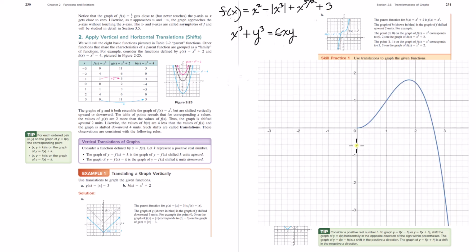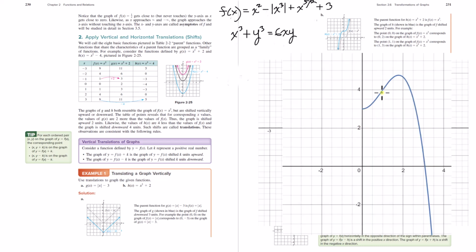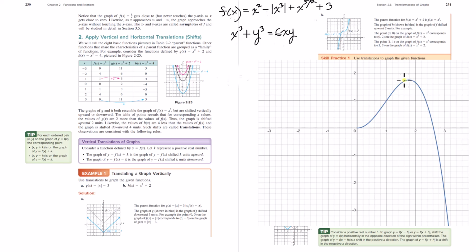Here is the basic function without the plus 3. And here's that same function with the plus 3 added. It just shifted it up 3 units. It looks like it's been stretched, but that's just because I zoomed out a little bit to get this whole graph in. It's a pure vertical shift. The shape hasn't changed at all.